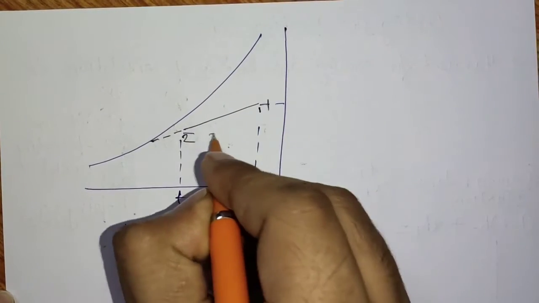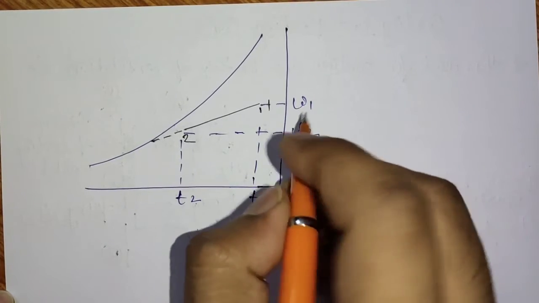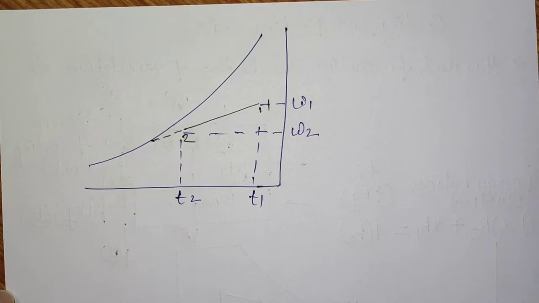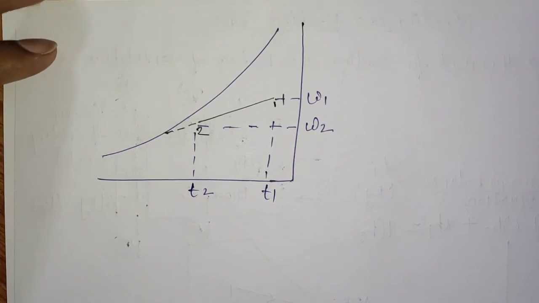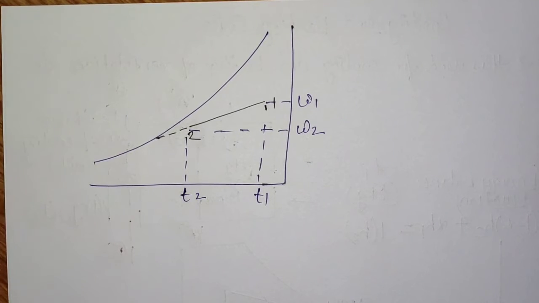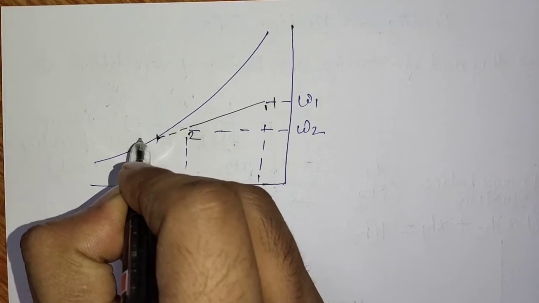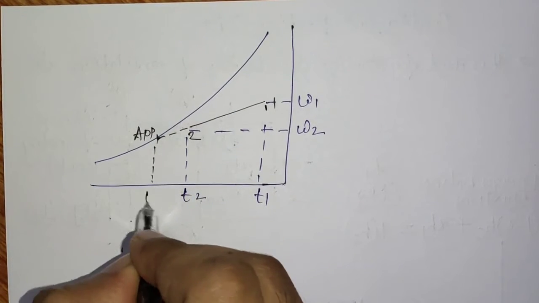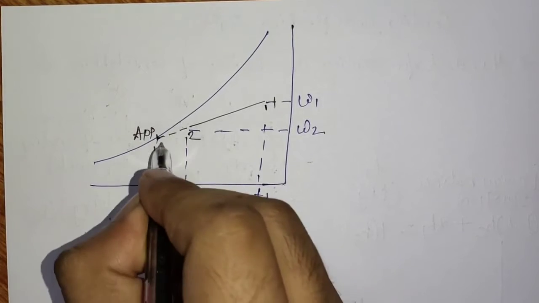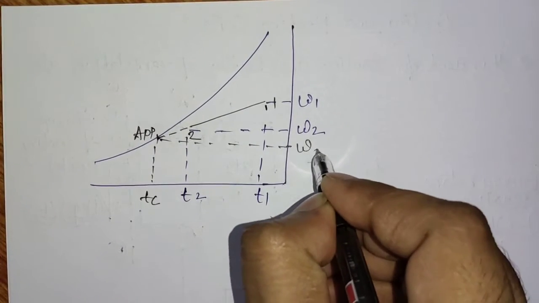Corresponding specific humidities will be omega 1, omega 2. Now if we try to calculate the enthalpy at points 1 and 2, this point is ADP and the temperature is Tc. Corresponding specific humidity will be omega C.